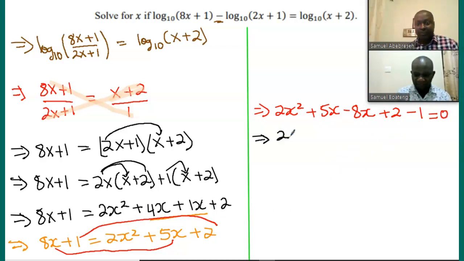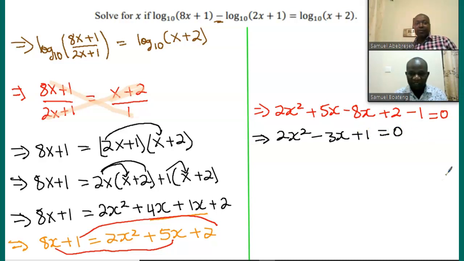So you have 2x squared minus 3x plus 1. So this is a quadratic equation. So we need to factorize.